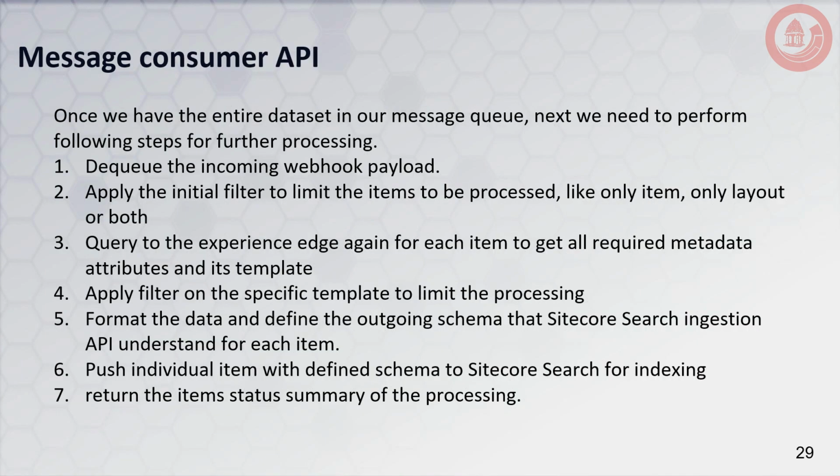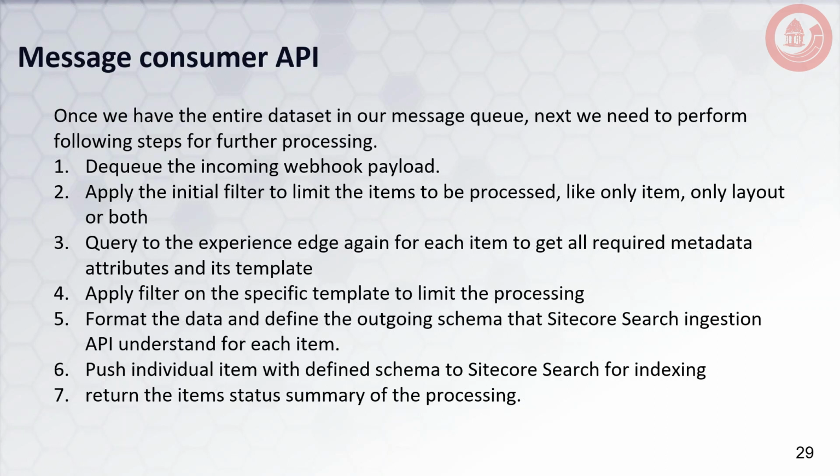Okay, so once we have the entire data set in our message queue, we need to perform the following steps for further processing. Dequeue the incoming webhook payload, as I mentioned. Apply the initial filter to limit the items to be processed, like only items or only layout or both. In our case, it would be items.